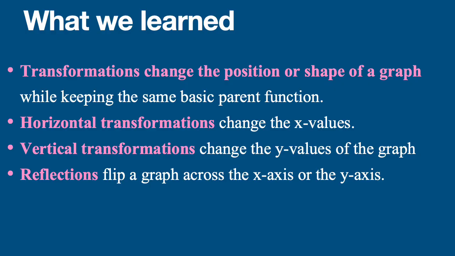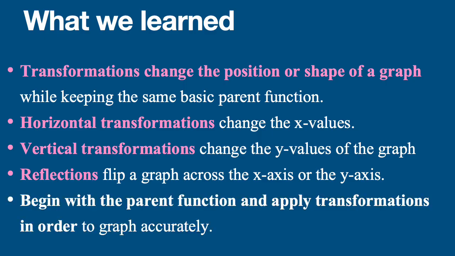Third one is reflection, which flips the graph across the x-axis or y-axis. Everything begins with the parent function. Apply the transformations in order: horizontal translation, stretch and shrink, and reflection, then vertical translation.